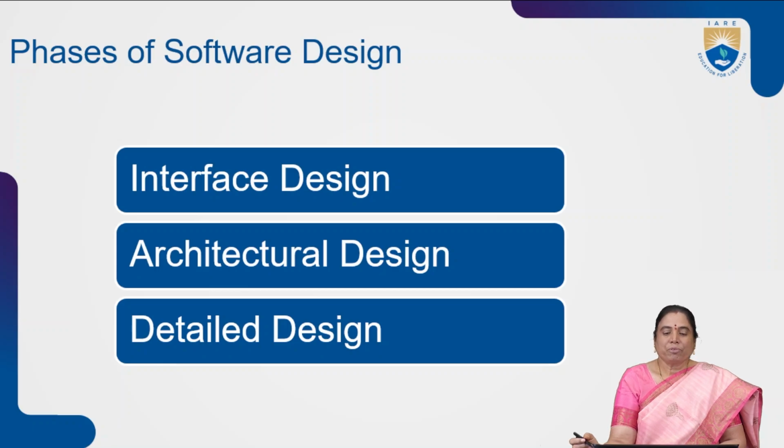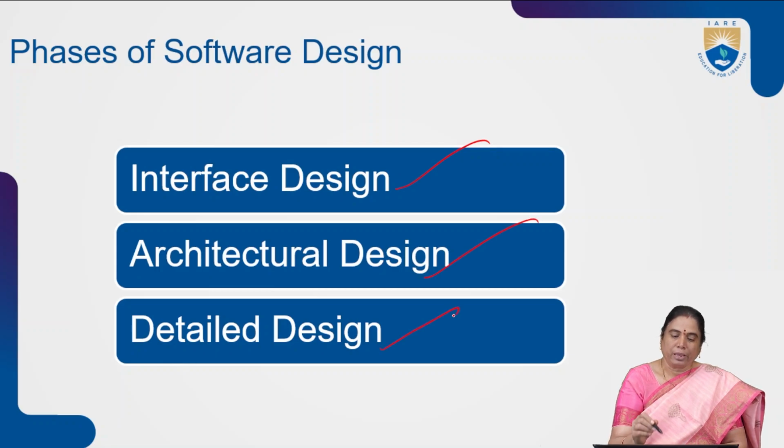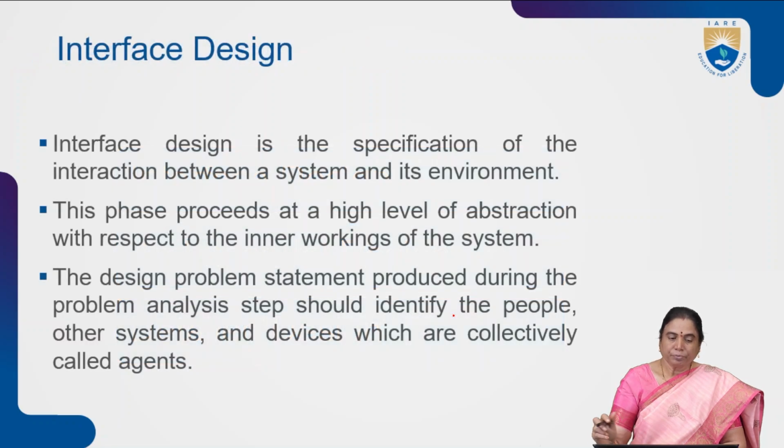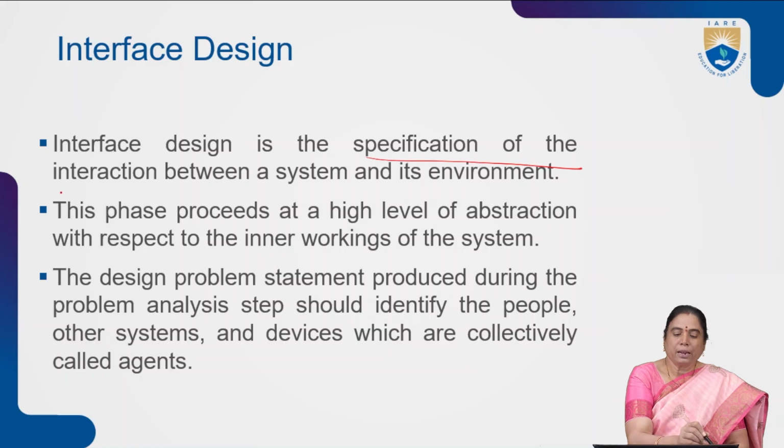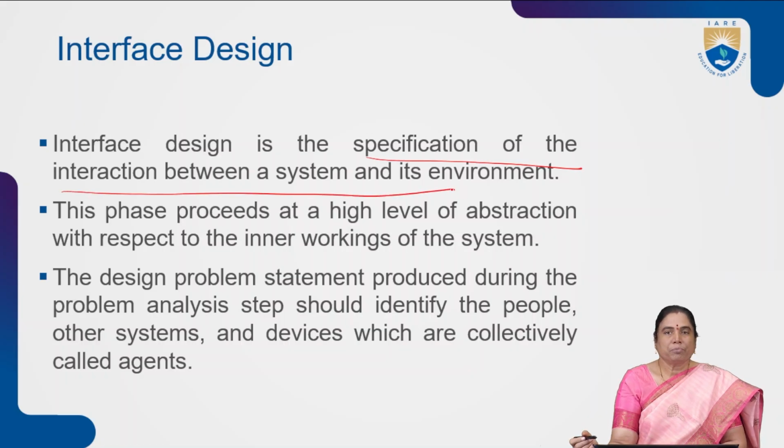The phases of software design are generally the interface design, architectural design and detailed design. Interface design is majorly focused on specification of the interaction between the system and its environment. So, apart from the boundaries of the system, how internal and external stakeholders communicate is majorly focused on in the interface design.